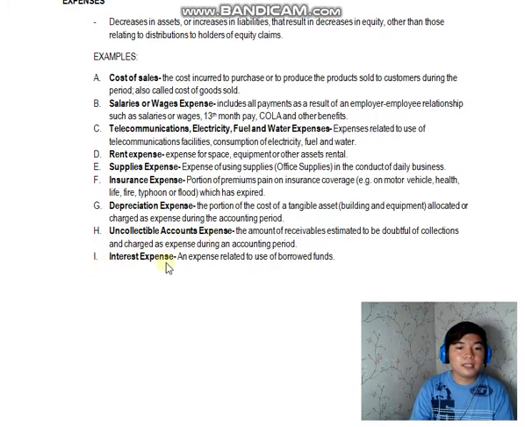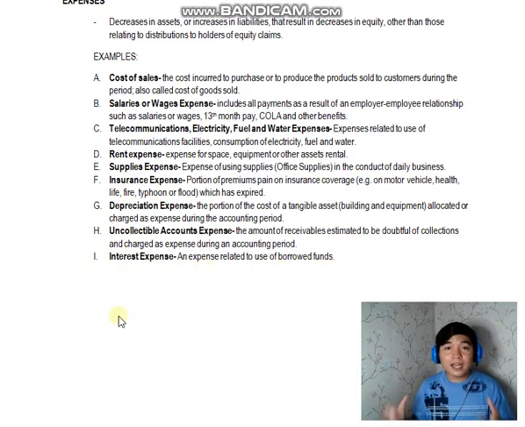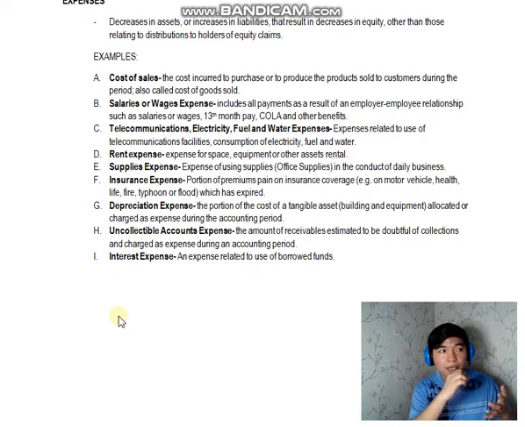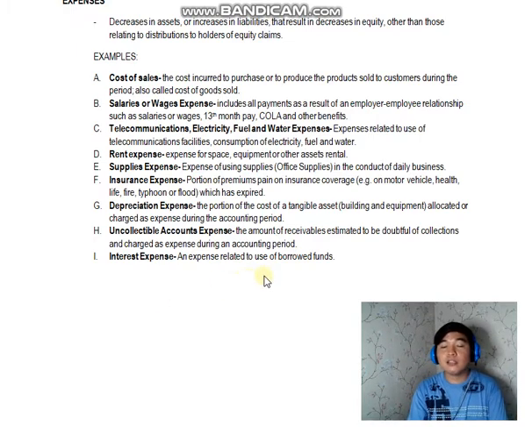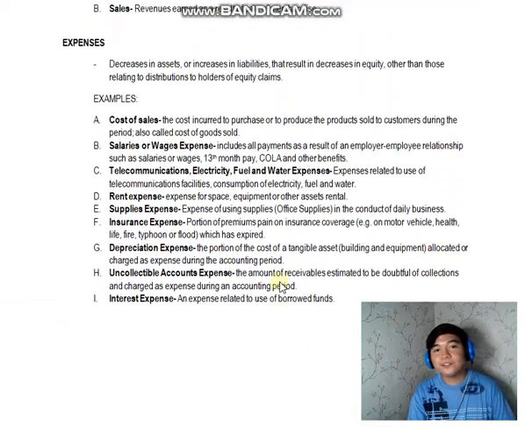Okay? Interest expense. An expense related to use of the borrowed funds. Interest, of course, kapag nangutang ka and kunyari, maker ka, nag-notes ka, tapos naglagay ka ng interest doon. So, yung interest na binabayaran mo, okay, doon mo ipapasok sa interest expense. Okay? It is an expense related to use of the borrowed funds. Okay, so tapos na po tayo.